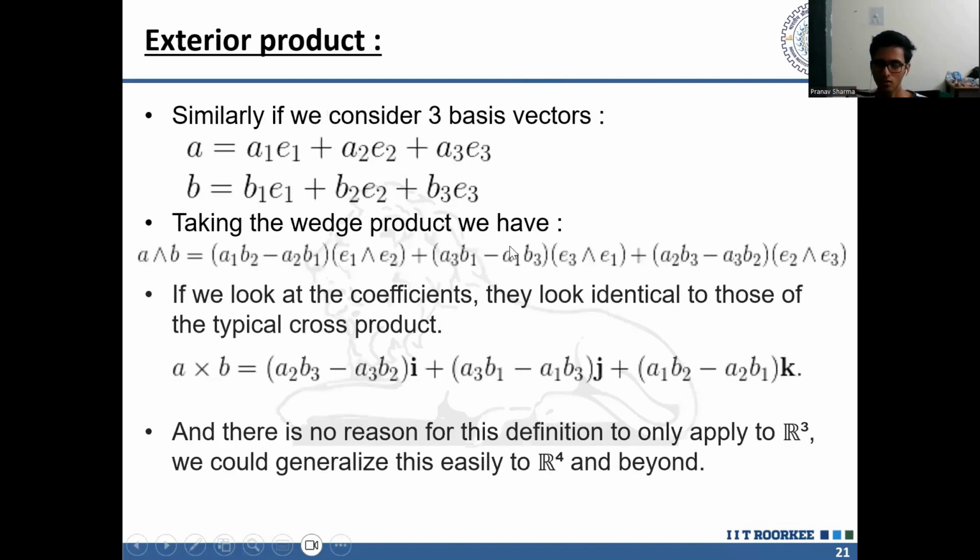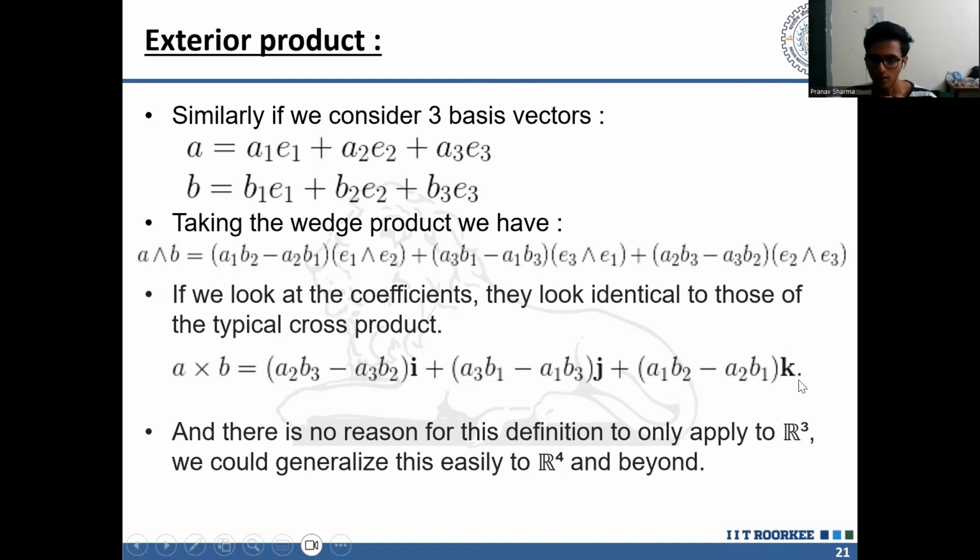Similar is the case with the cross product. Let's say we have three basis vectors. So A is equal to A1 E1 plus A2 E2 plus A3 E3, similar for B. Now taking the wedge product of these vectors, we get A cross B with this formulation. Now this is just the same as taking the cross product of A and B. So both of the forms look identical.